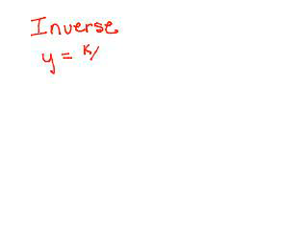And in that case, y is equal to a constant divided by x. So maybe they'll just say varies inversely, or sometimes they'll say inversely proportional. But we still have a constant in there, but we're dividing by the x instead of multiplying by the x.